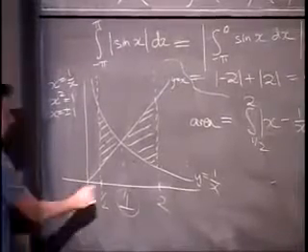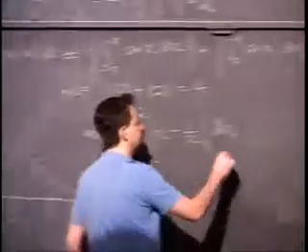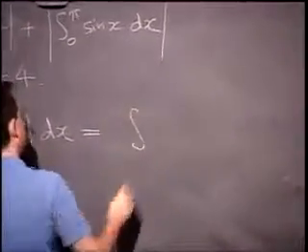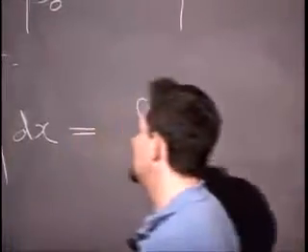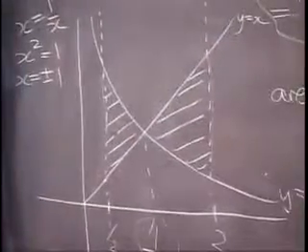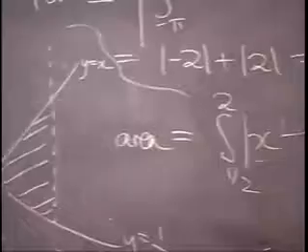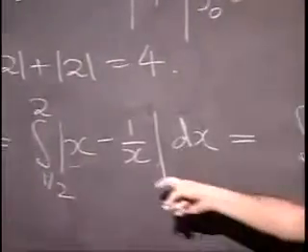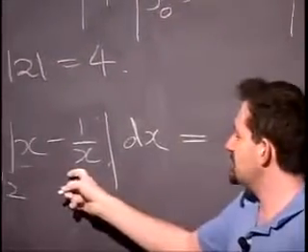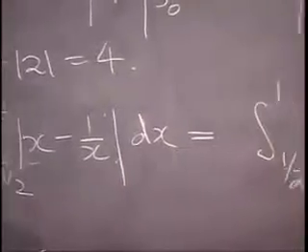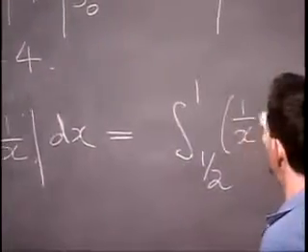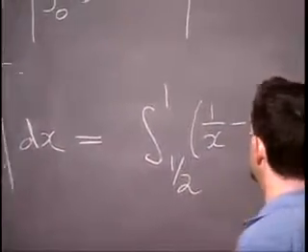So anyway, we're going to write this as... There's two ways of doing it. I mean, you could just do it as the absolute value of each part, but maybe I'll do it a more elegant way. You see, from 1/2 to 1, 1 over x is bigger than x. So this absolute value is actually the negative of it.